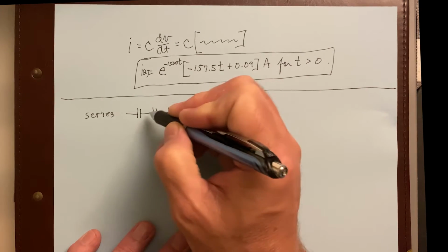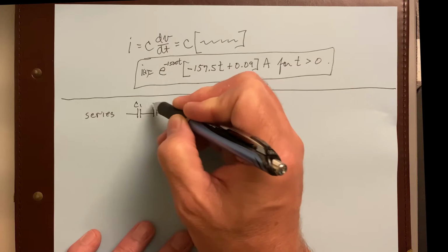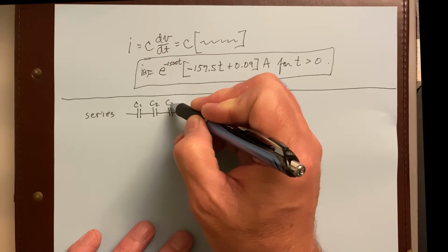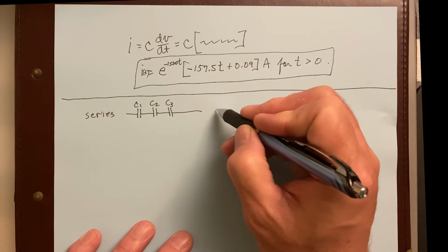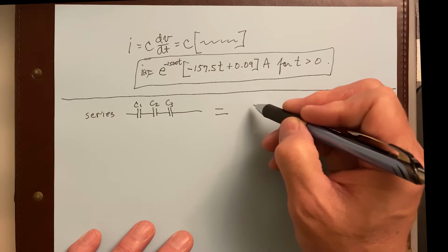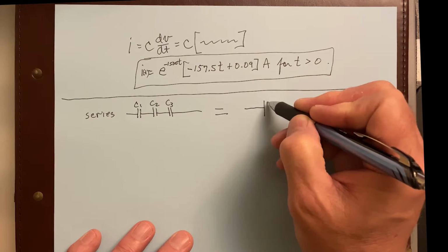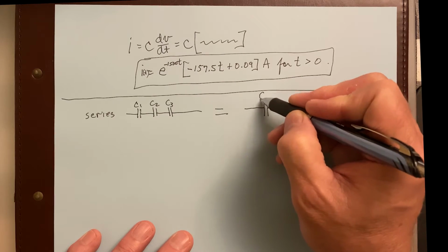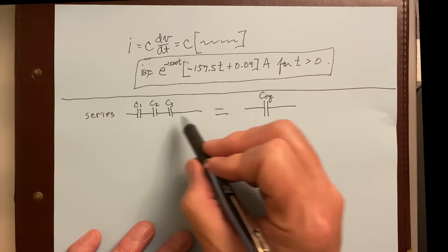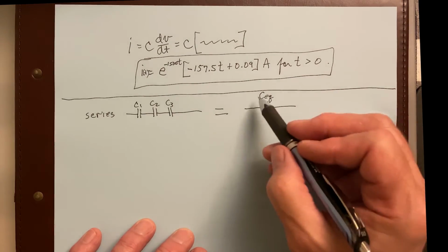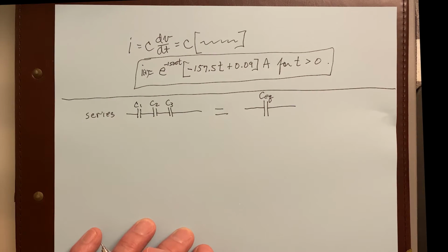This is what they might look like. This is capacitor 1, this is capacitor 2, this is capacitor 3. And what I would like to do is create one capacitor here, which I'll call C equivalent, so that this one is equivalent to all three of those right there.